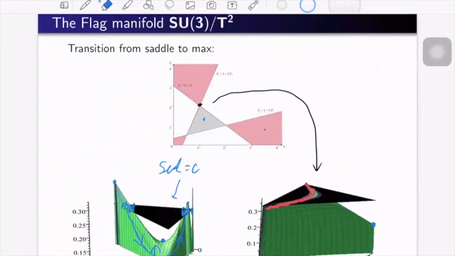Here's my interpretation. I'm moving from the global max into this region of saddle points. So as I go from a global max, we had these pictures before, right? There was a global max somewhere, and to the border of the triangle, the max goes off to infinity. And then after that, it becomes a saddle point. How does it do that transition from a global max to a saddle point?